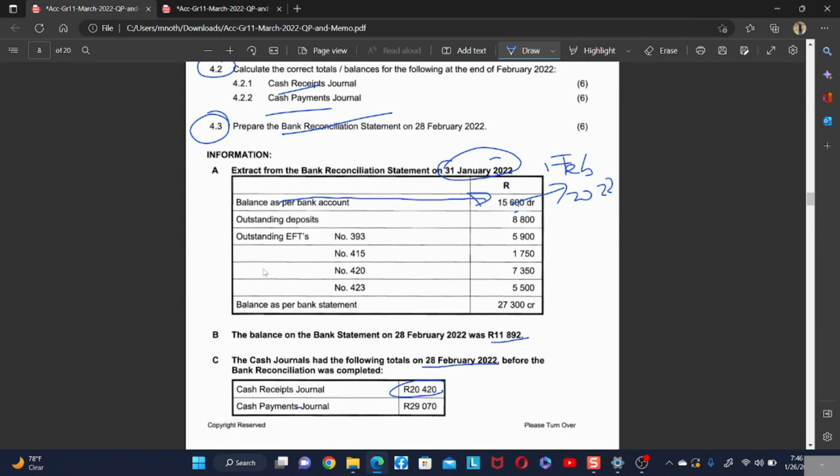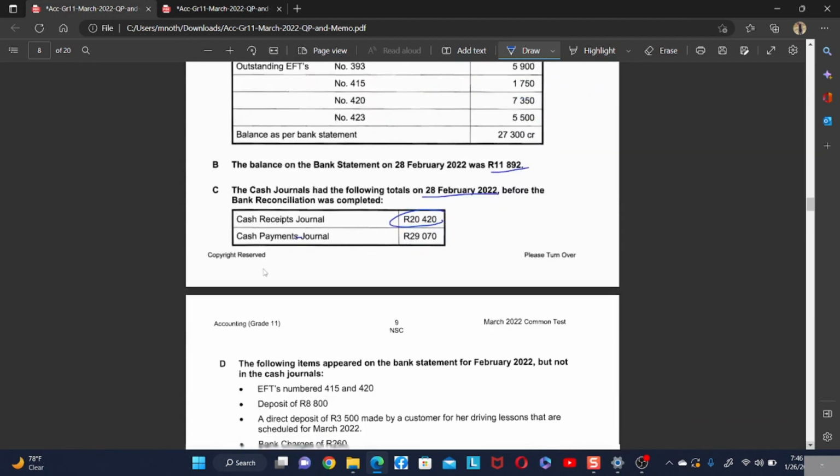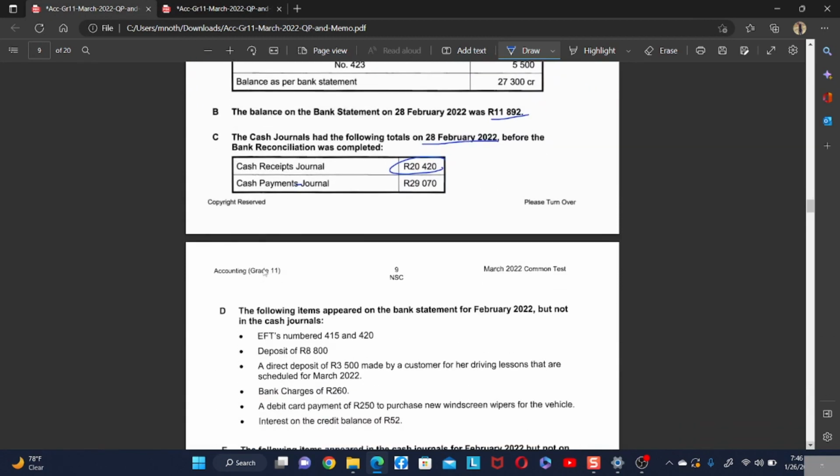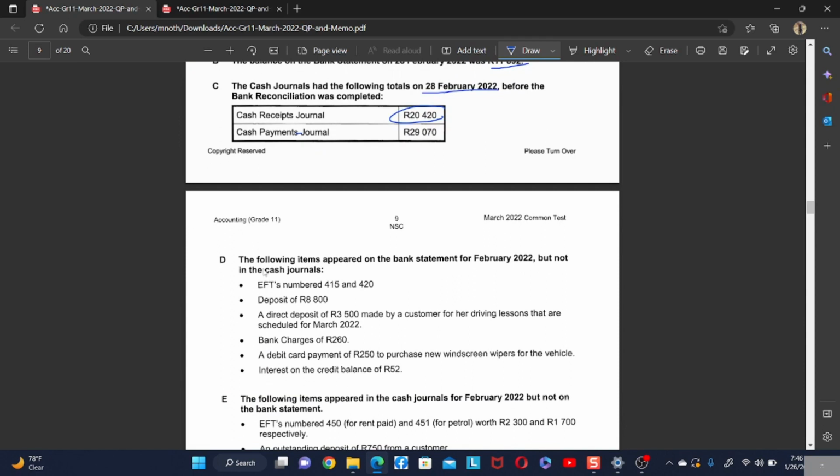And then let's quickly go to the information. The following items appeared on the bank statement, but not in the cash journals. So if we have items like that, they must be recorded in the cash journals.